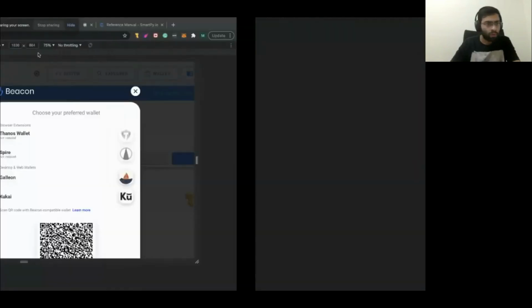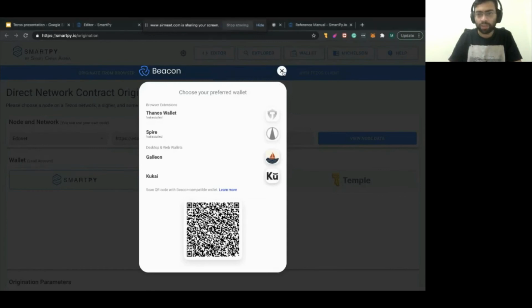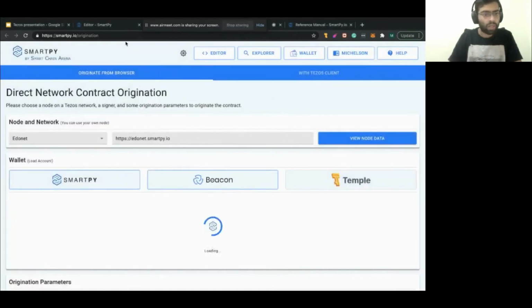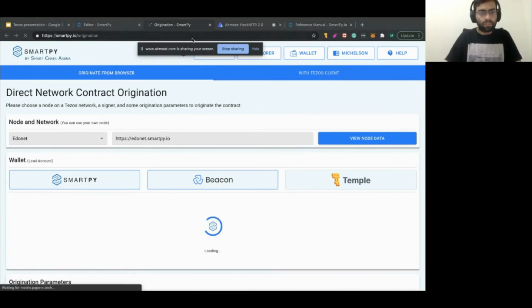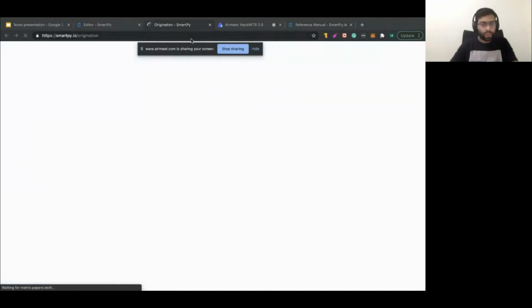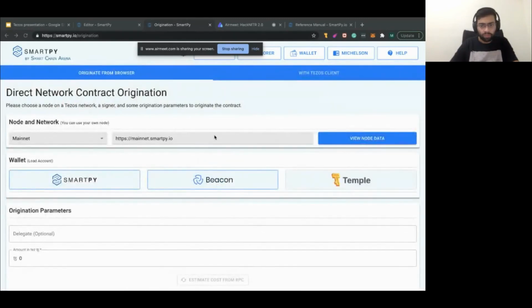Interesting. So it is not recognizing that I have Thanos installed, which I have, which is the Temple wallet. Let me refresh it and see if that helps. As I said, this is a product that is in development, so there are issues at times, but it does mostly work. I've used it quite a bit, so hopefully it'll work.